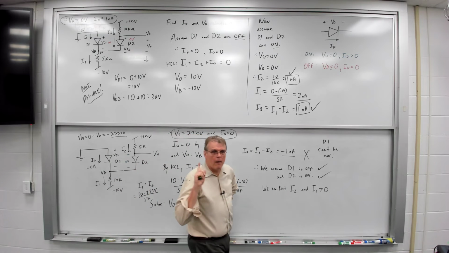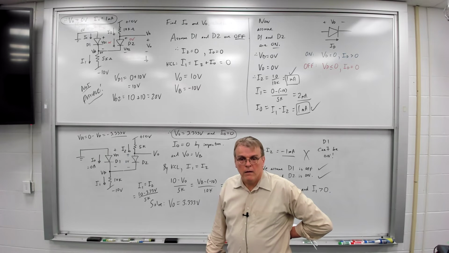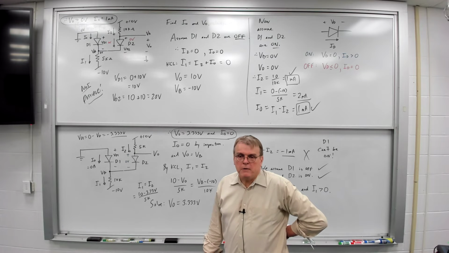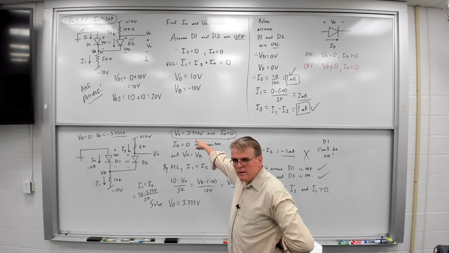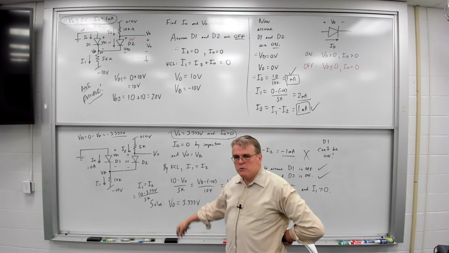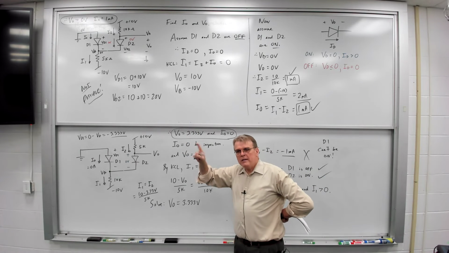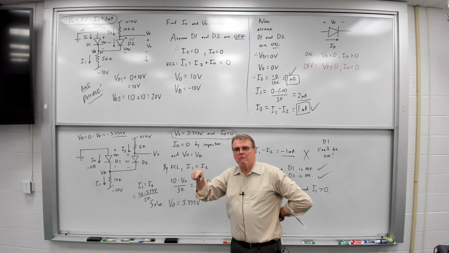Other questions? Yes? When I was doing the problem on the board earlier, I checked all four assumptions possible. Well, there's no need to check all four assumptions because once you have a correct assumption and you check the assumption, there's no need to look at the others. So I started with one of the diodes being incorrect, so I flipped the state of that diode and then I reworked the problem.